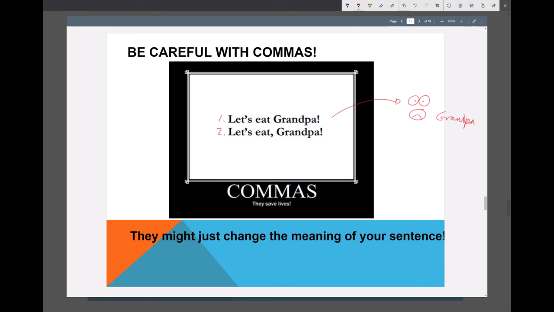Number 2, with the comma, see, here we have, let's eat. Let us eat. And this is food, not grandpa. And this is telling grandpa to eat with them. So grandpa is eating food too.